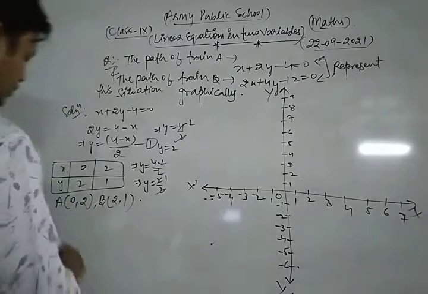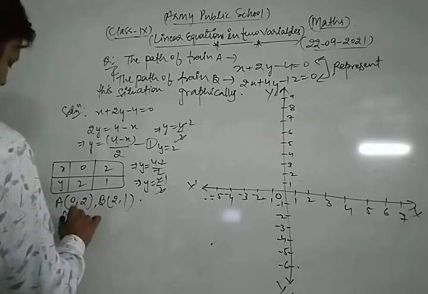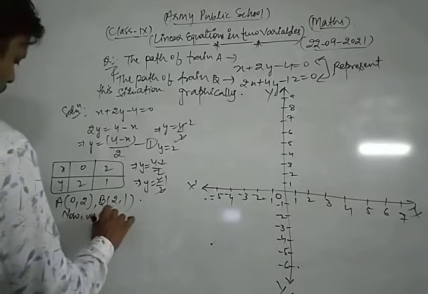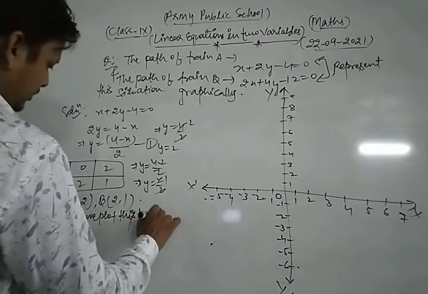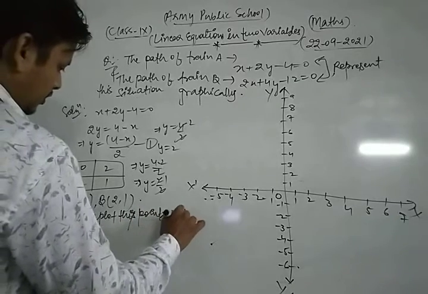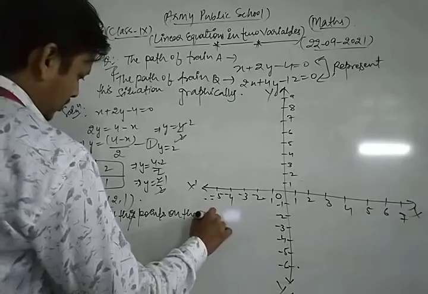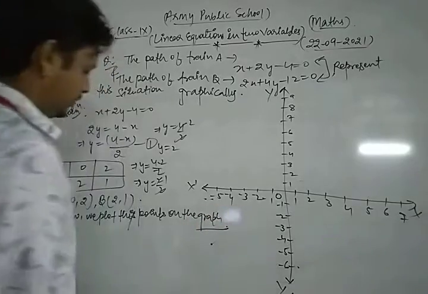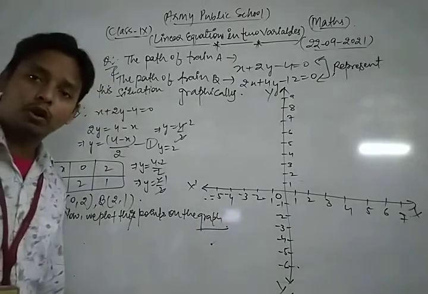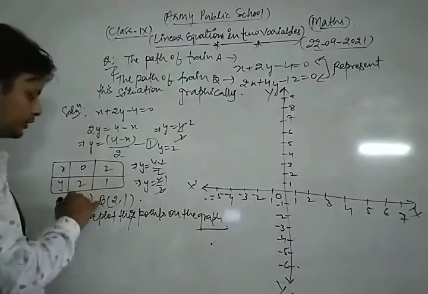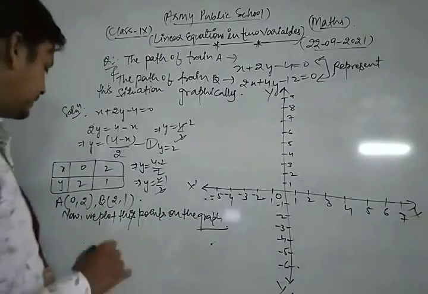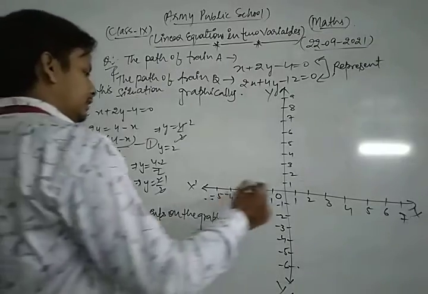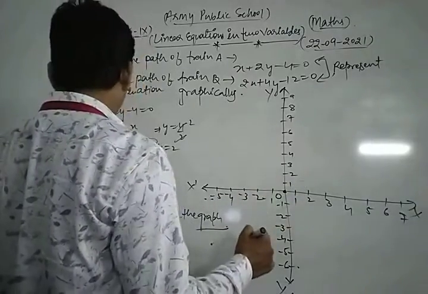Now we plot these points on the graph. Now we just plot these points 0, 2 and 2, 1 on this graph. So look, for 0, 2, the abscissa is 0 and the ordinate is 2.